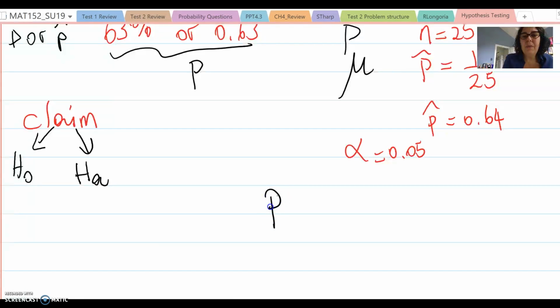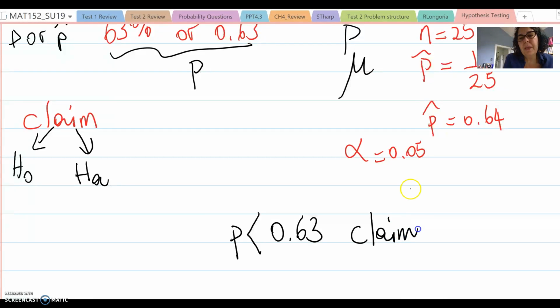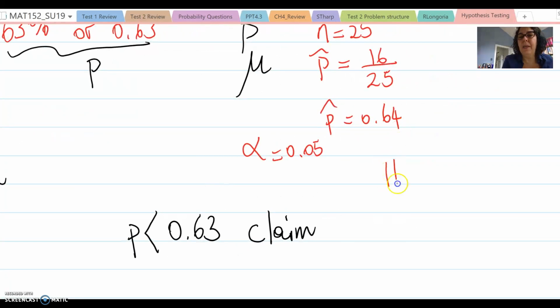So P will be less than, okay, let me get my P somewhere in the middle. P will be less than 63%, and that is my claim. Now, will that sentence be H null or H alternative? It will be H null. The reason is because H null can have less than or equal to, greater than or equal to, or equal to.